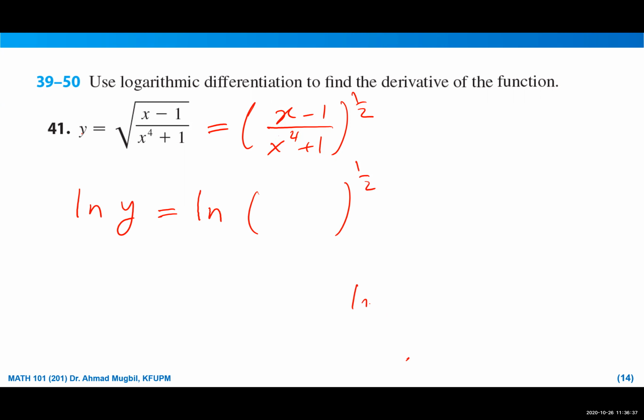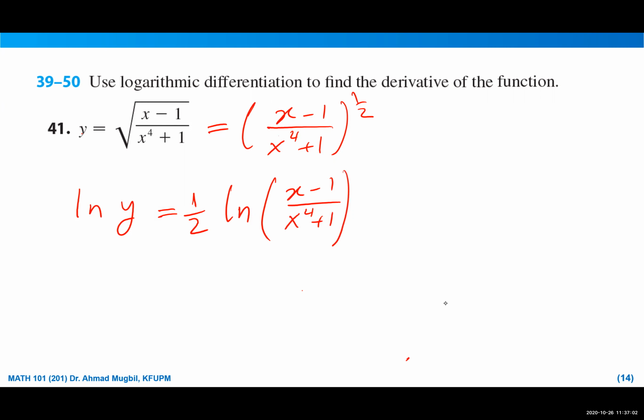But you know, when you have ln x to the power n, it will be n ln x. This is the power law for logarithm. So I'm going to do it from the beginning. I will write it here: a half ln, the natural logarithm of this expression without the power. So it will be ln of x minus 1 over x to the power 4 plus 1.